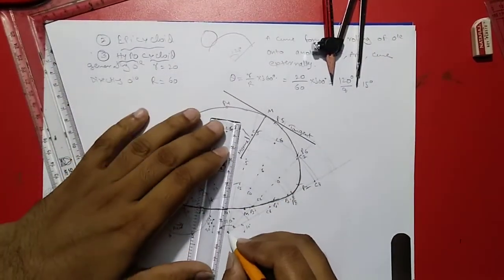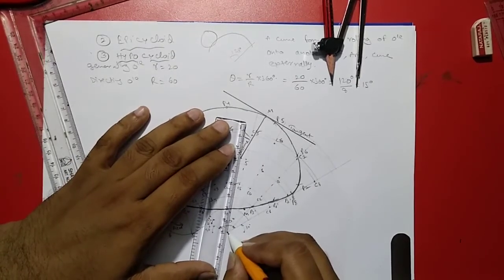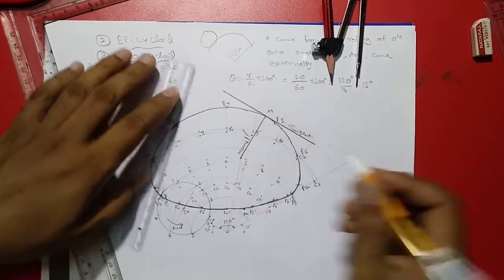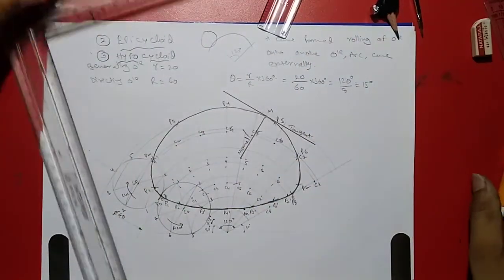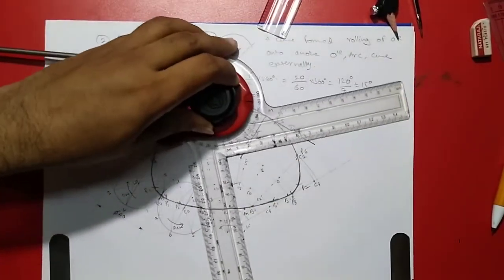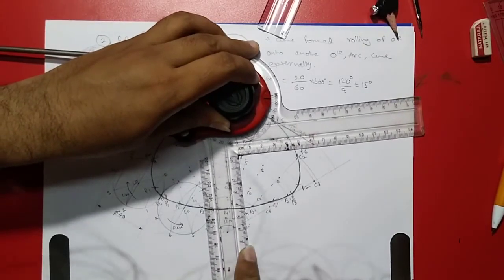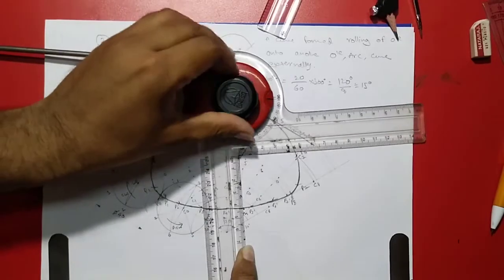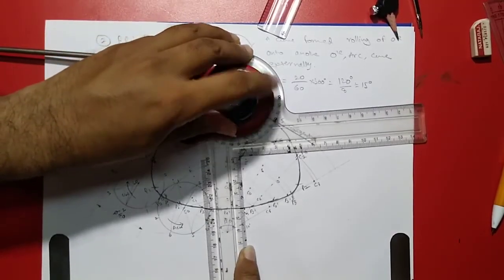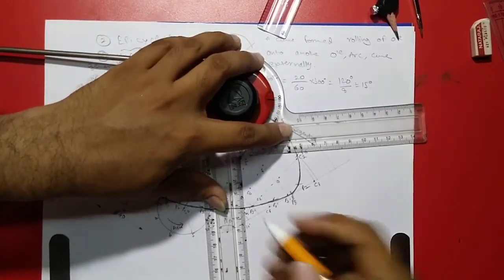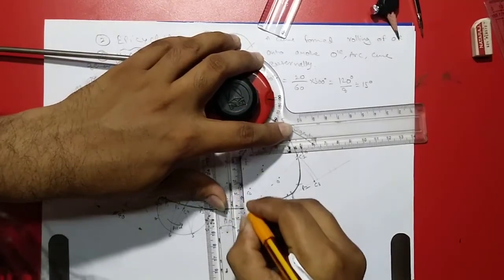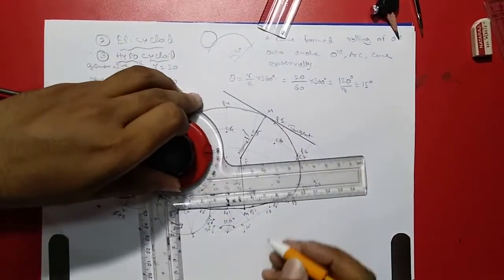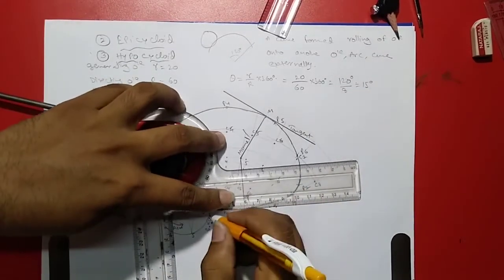From here, you have to draw the point up to this. Here's the point you got. From there you have to draw a line that forms a normal, and straight perpendicular to that becomes your tangent.